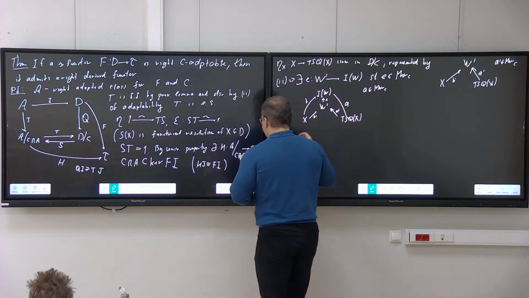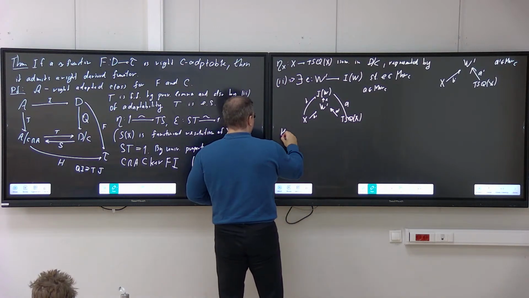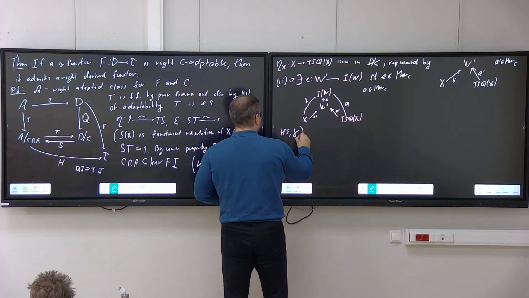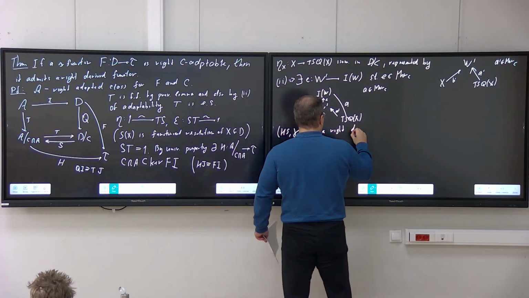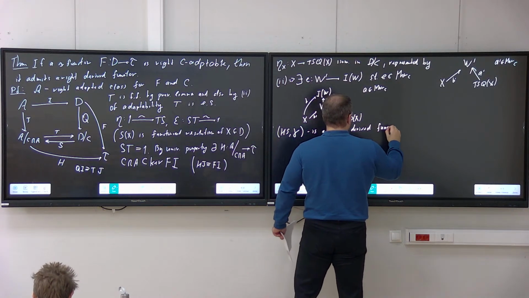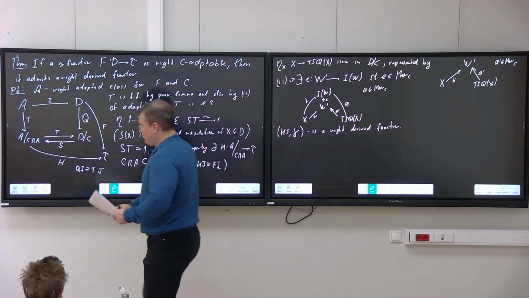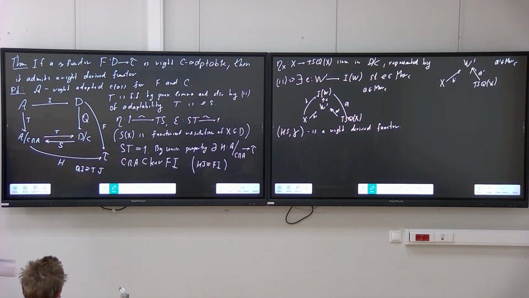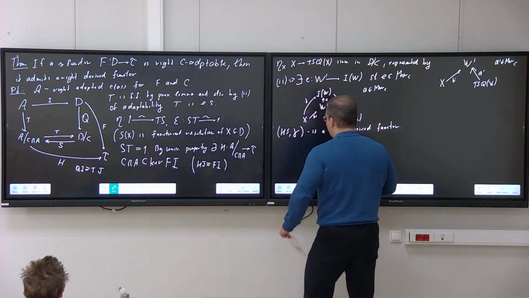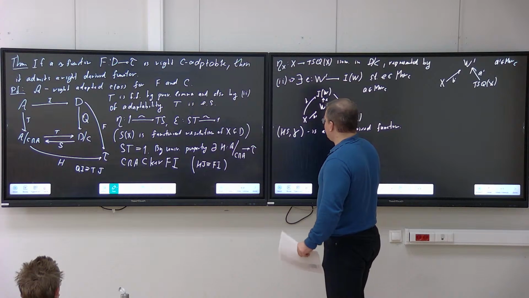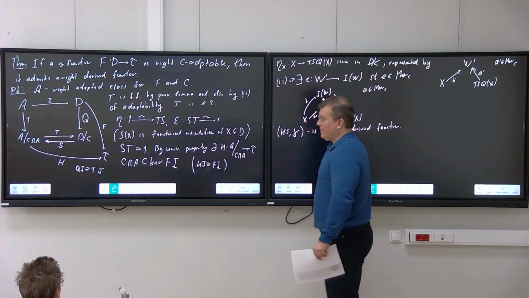Okay, so the goal is to show that the pair, well, essentially the pair HS and some natural transformation gamma, which I'm going to define a little bit later, is a right derived functor. You can see that H kind of hits the position of S, and H is a functor from the quotient to the T. So this is defined in the right category, but for the computation and for the proof, it is more convenient to present this in a slightly different form instead of HS. It's a right derived functor of what functor?